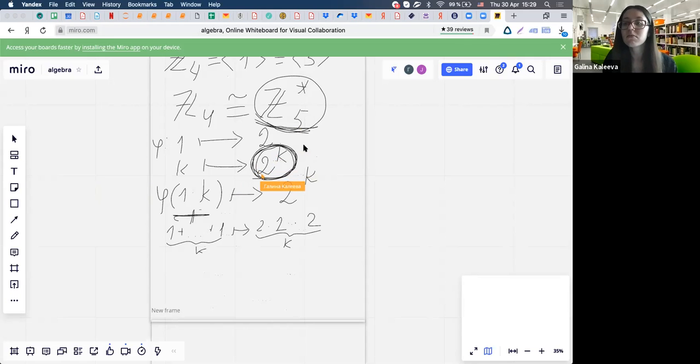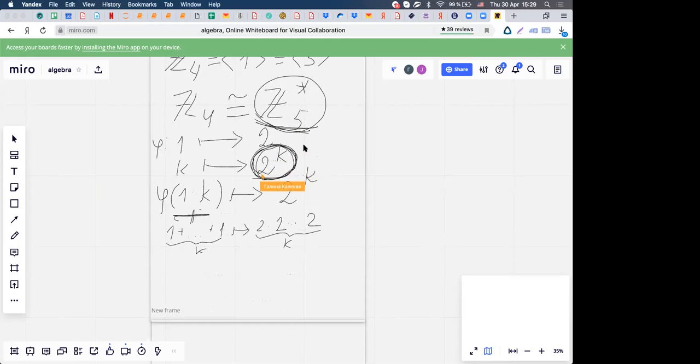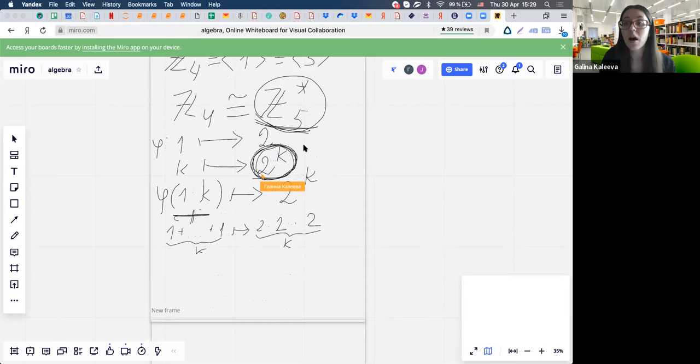Okay? Is this explanation clear? Yes, so these groups are isomorphic, and algebra studies groups up to isomorphism. So strictly speaking, it's the same group, okay?